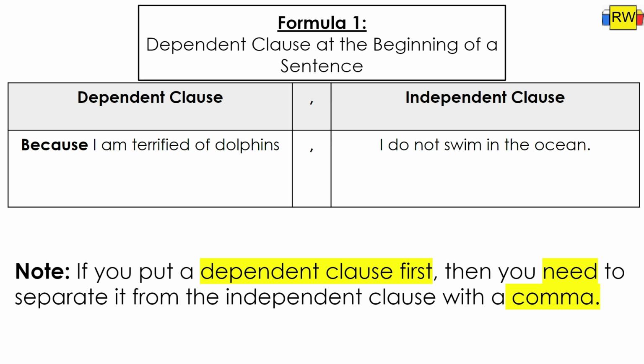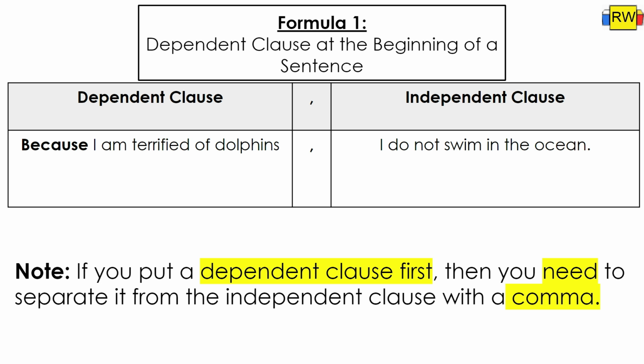For this sentence structure, what will happen is the complex sentence will begin with a dependent clause, followed by an independent clause. Let's take a look. Because I am terrified of dolphins, I do not swim in the ocean. You'll notice in this example, we started with the dependent clause, because I am terrified of dolphins, and ended at that comma.